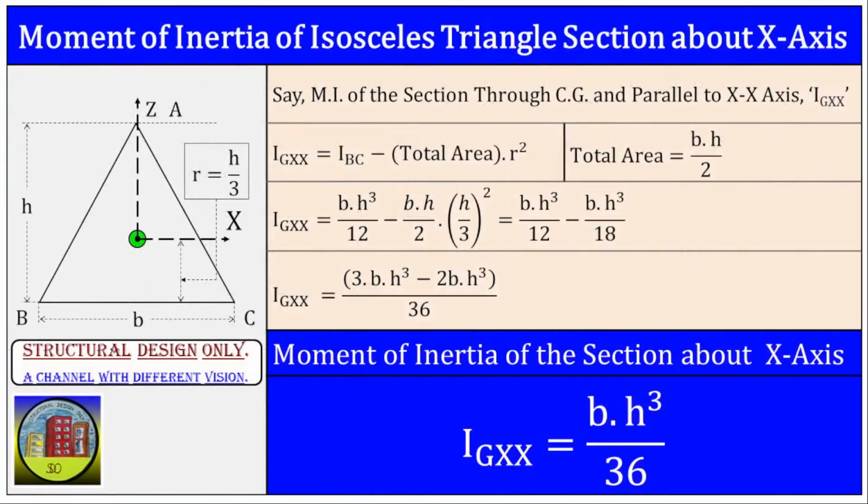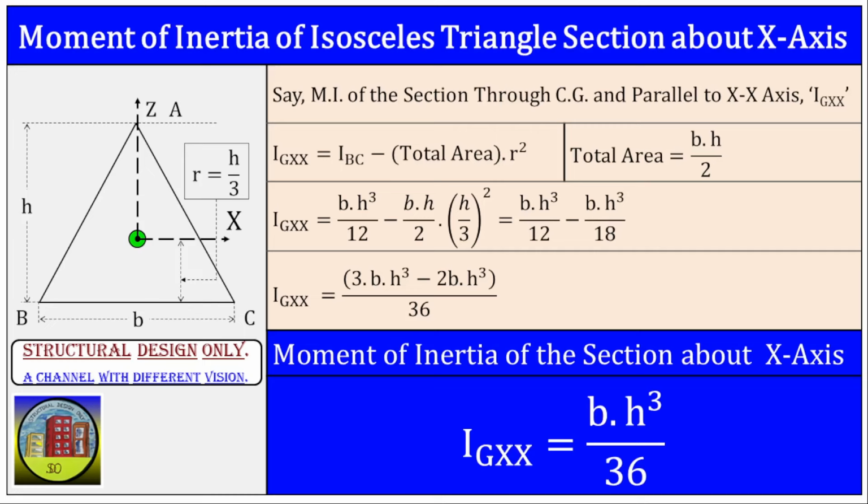In our previous slide, we saw how we can calculate the moment of inertia of an isosceles triangle about its base. Now I am going to demonstrate how we can find the moment of inertia of this triangle when the x-axis of the triangle is passing through the CG. To do that, we have to take the help of the parallel axis theorem. Already we know the moment of inertia of the isosceles triangle section about its base, IBC, equals b into h cubed by 12.